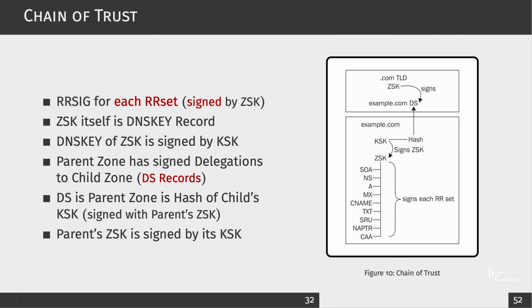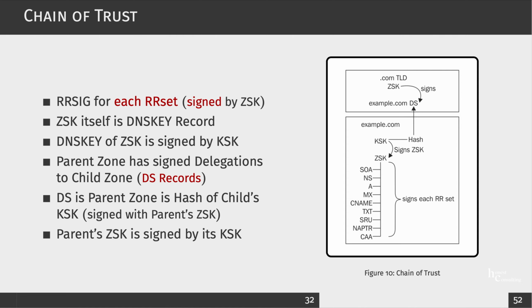And the signatures that are stored in the RRSIG records are used to sign each and every single resource record set, and this is done with the zone signing key. The zone signing key itself is a DNS key record, so it is a DNS record, and this DNS record is signed by the key signing key.